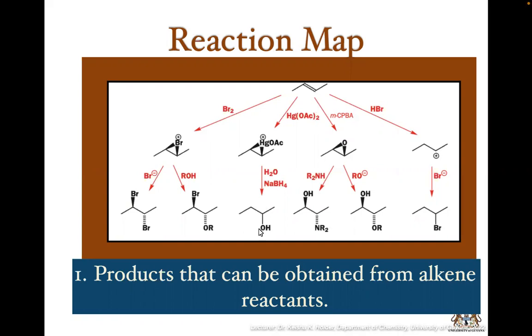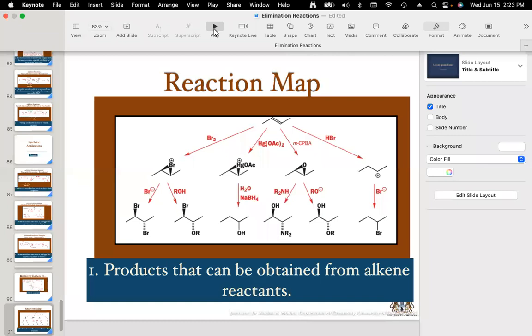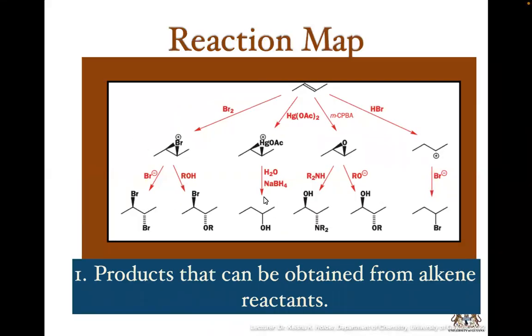So the hydroxide is being added to this carbon here. Yeah, our hydroxide here is being added to this carbon here, which means that the hydrogen is being added here. And if that's the case, Markovnikov addition is taking place.